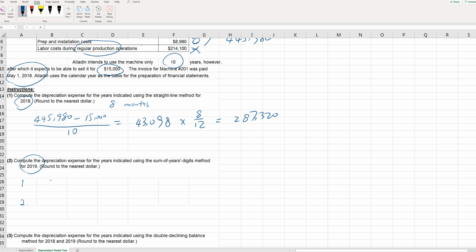We start with the depreciable base, and we're going to multiply by the depreciation rate for the first year. We have 10 years left, and the denominator is the sum of the year digits, 1 plus 2 up to 10. That's going to give us 55. So this is my first year depreciation expense.